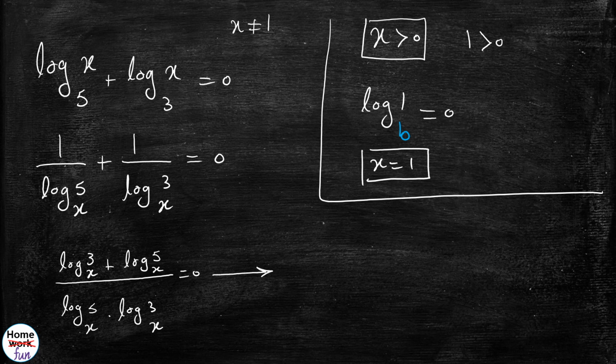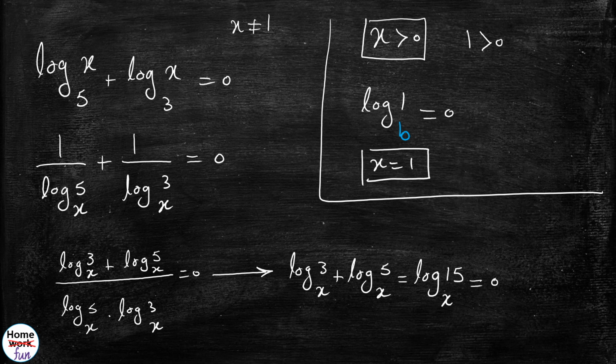So log of 3 with the base x plus log of 5 with the base x must be 0. The bases are the same, so I can use the product rule and write this as log of 3 times 5 with the base x, or log of 15 with the base x, equals 0.